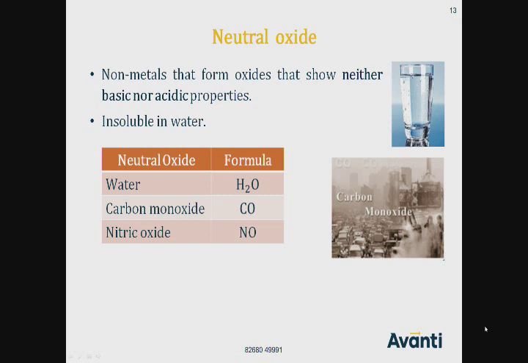Not that poisonous that you simply inhale and you will pass away. Not something like that. But yes, it is a kind of slow poison. But yes, excess inhaling will cause death.